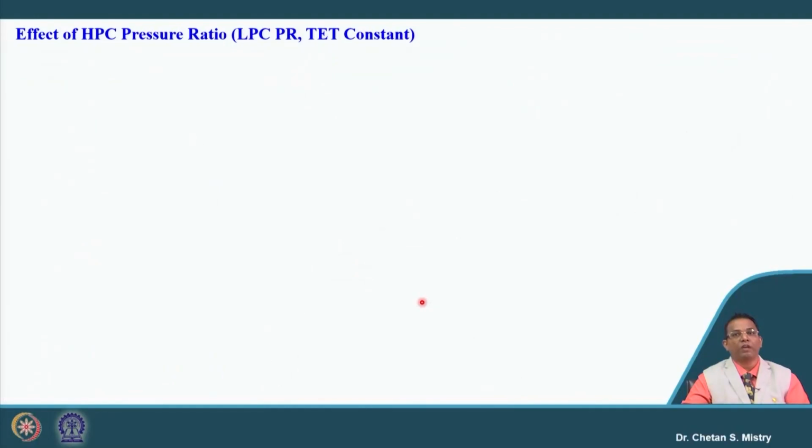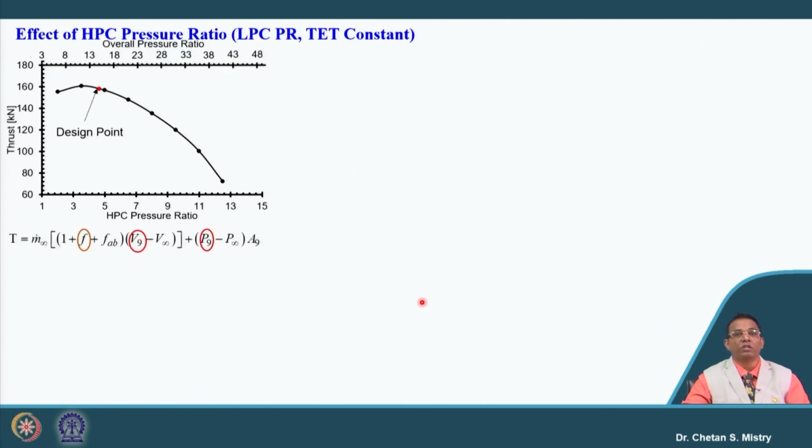Now, let us look at what happens if we increase our HP compressor pressure ratio. For that, we keep our LP compressor pressure ratio and turbine entry temperature constant. In line with what we discussed for the previous case, since my overall pressure ratio is increasing, the thrust is going to be reduced.